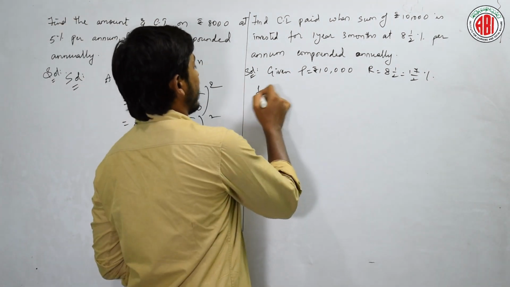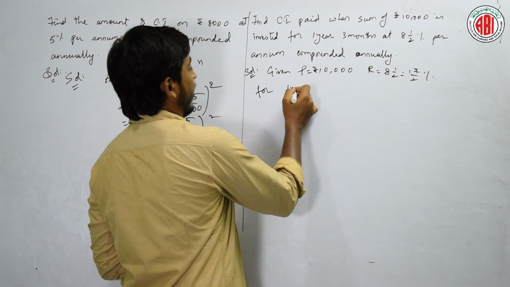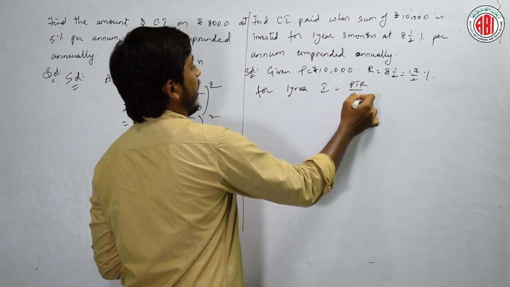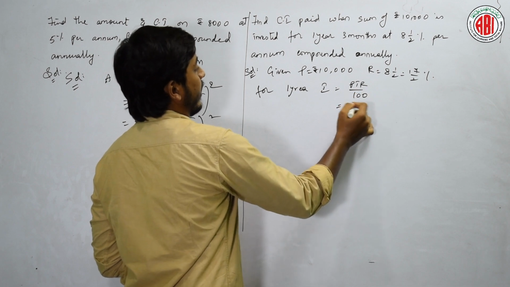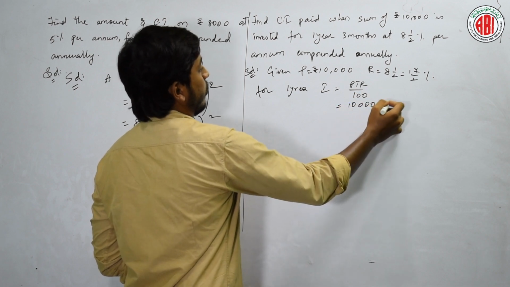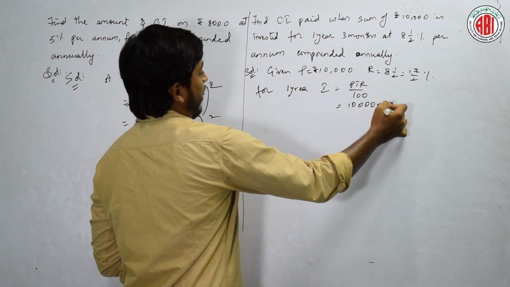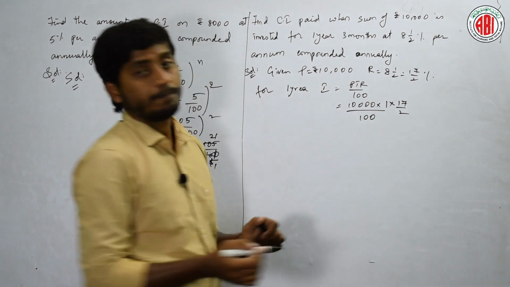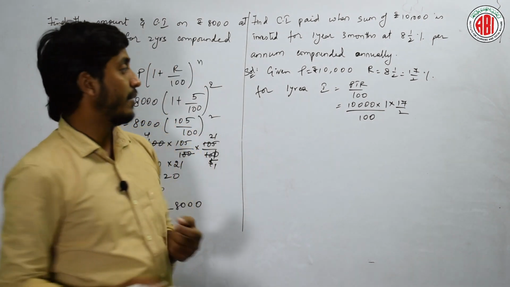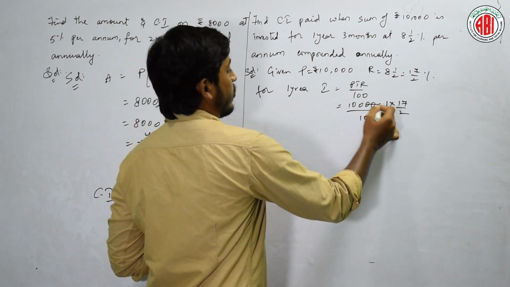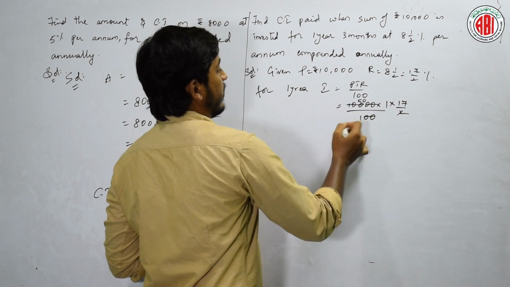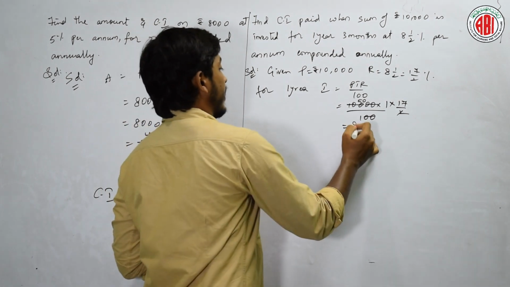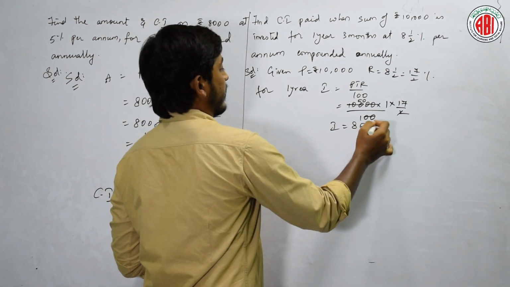For the first year, interest is PTR by 100, that is 10,000 into time 1 year, R is 17/2 by 100. Just multiply and tell me the answer. 2 1s are 2, 50s are, 17 5s is 85. Therefore, it is 850 rupees.